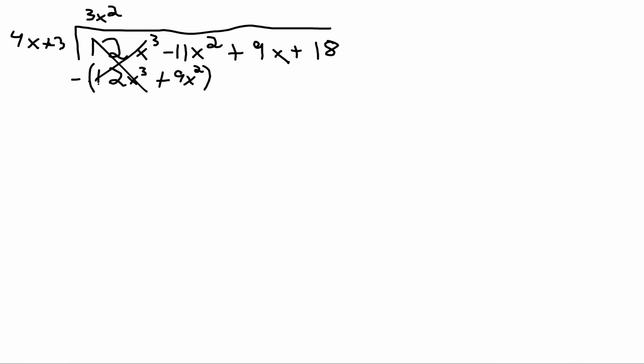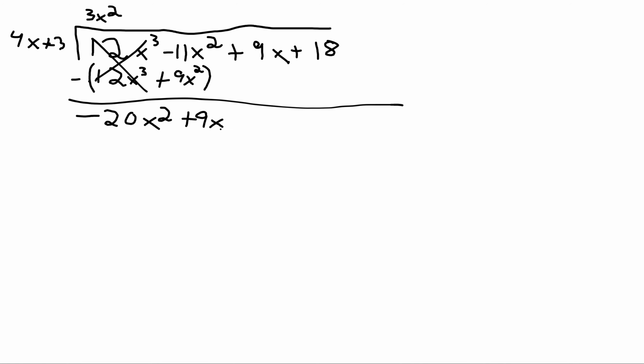That will cancel out. And then we end up getting minus 20x squared. And then we bring down this 9x, we get plus 9x. And then we do the process all over again.